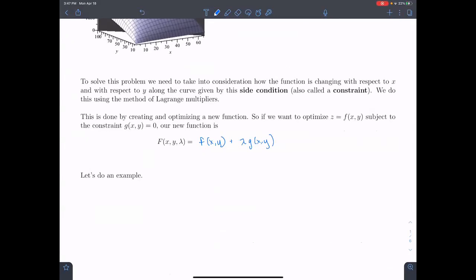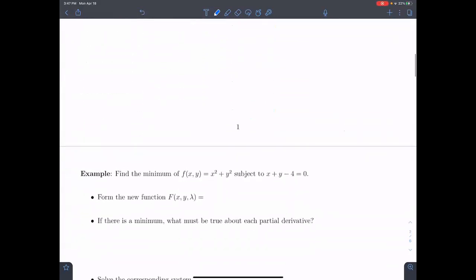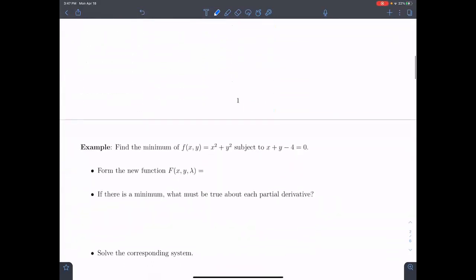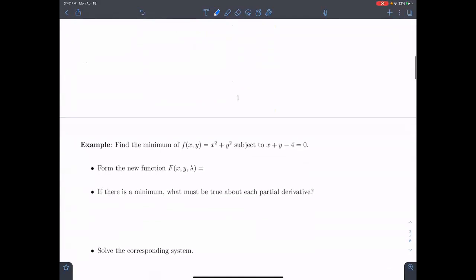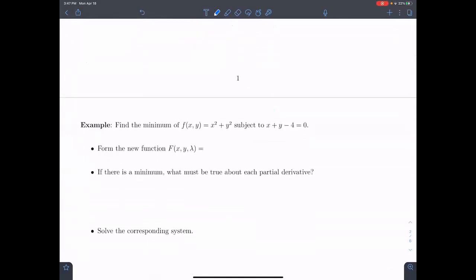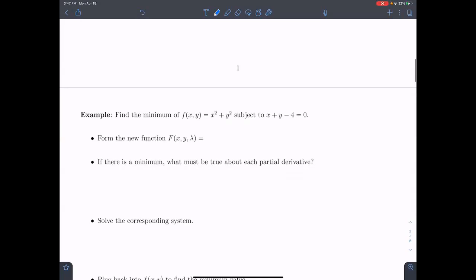So let's do an example to try to solidify that. We want to find the minimum of x squared plus y squared subject to the restraint that x plus y minus 4 is 0. So we want to form this new function, big F of x, y, and lambda. We're going to do f of x, y minus lambda times g of x, where g of x equals 0.